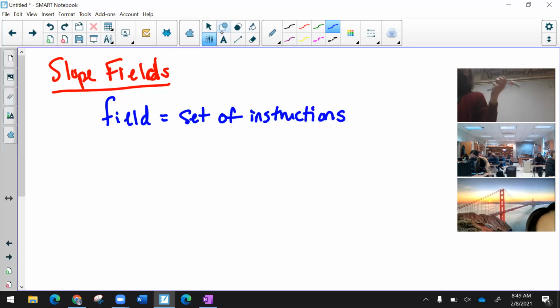Can you think of another field you exist in all the time? A magnetic field, exactly. You live in a magnetic field all the time.